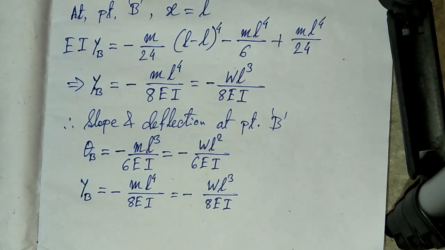So these are the expressions for slope and deflection for a cantilever carrying uniformly distributed load over the whole span.